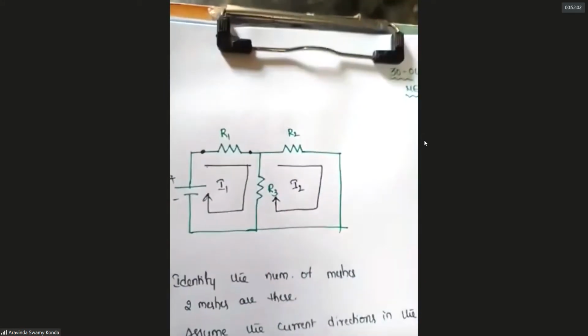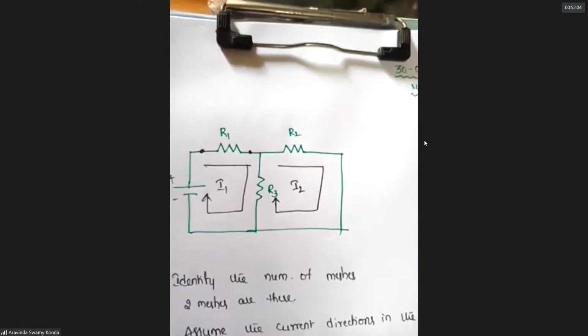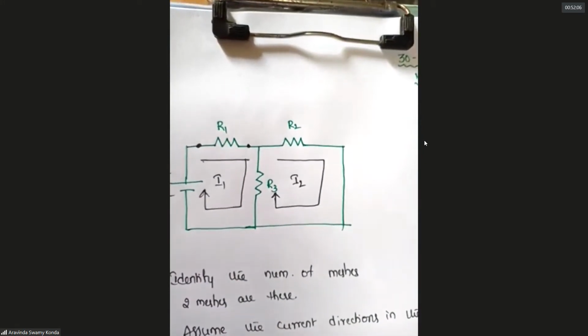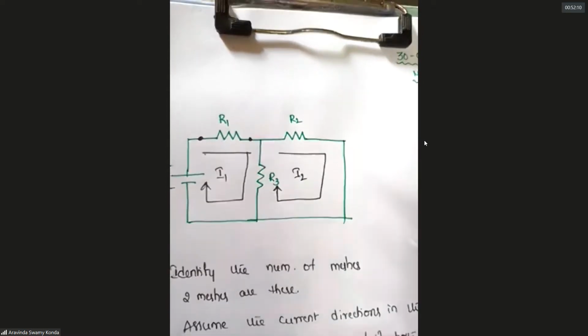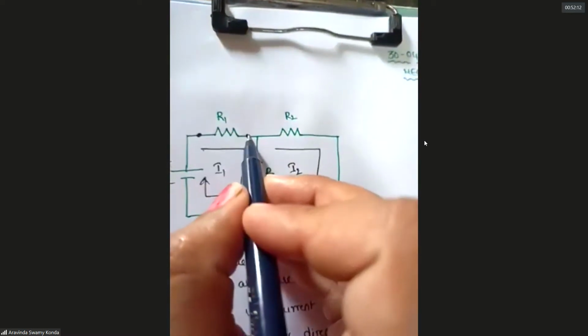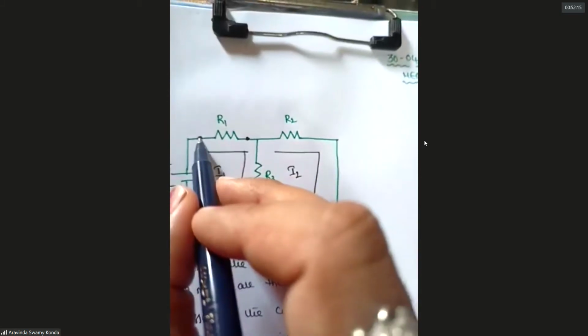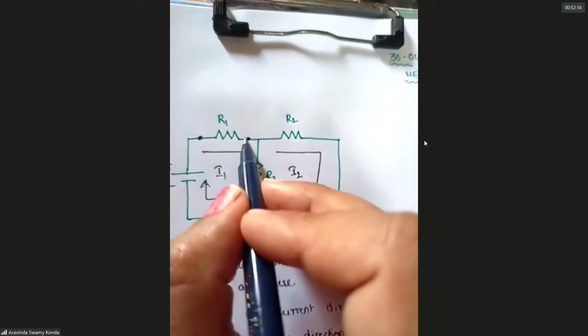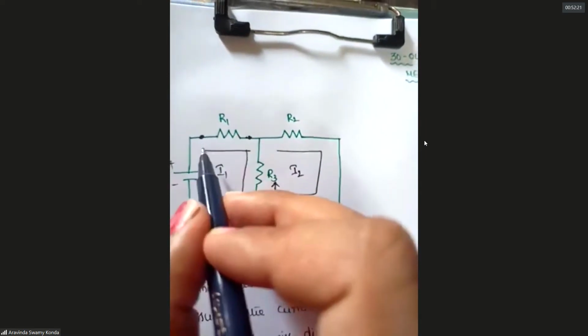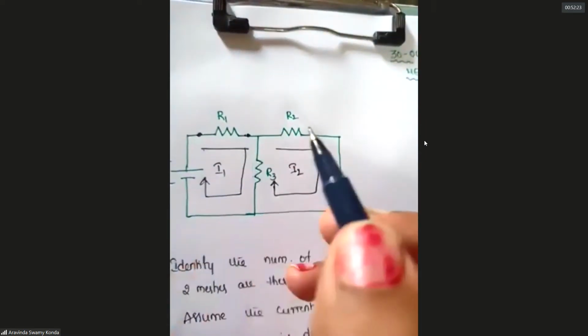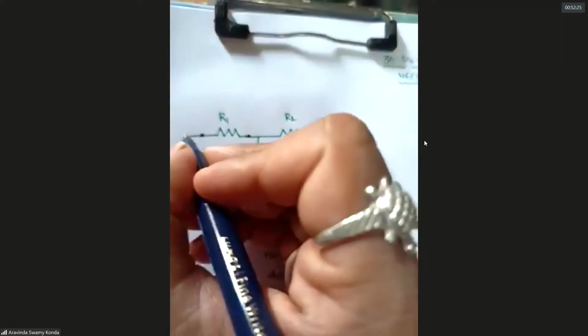Two terminals are there for the resistor. Am I right? Yes or no? So what sign do you want to assume for these two terminals? That will depend upon the current direction.